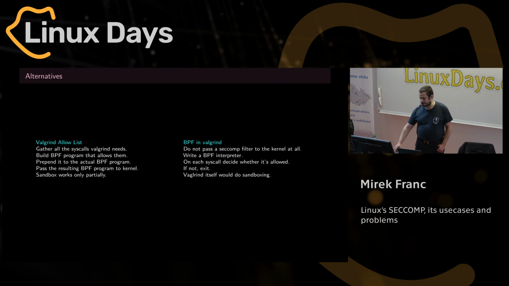Of course, there are some alternatives to this. For example, one idea I gathered from somebody is that we could solve it a bit differently. When writing that pre-wrapper in Valgrind, we could gather all the syscalls that Valgrind needs at the beginning, build a cBPF program that allows them, and prepend it to the cBPF program that the program being analyzed passes to the kernel, and pass it to the kernel.